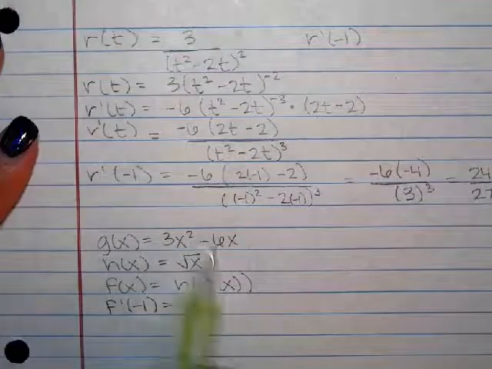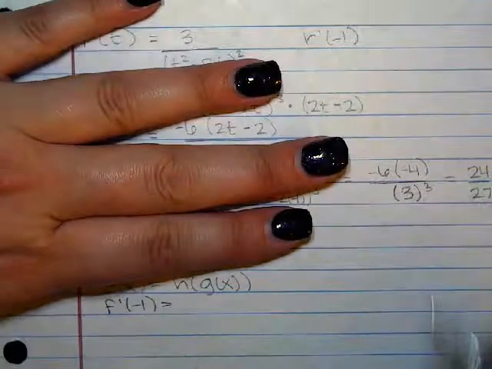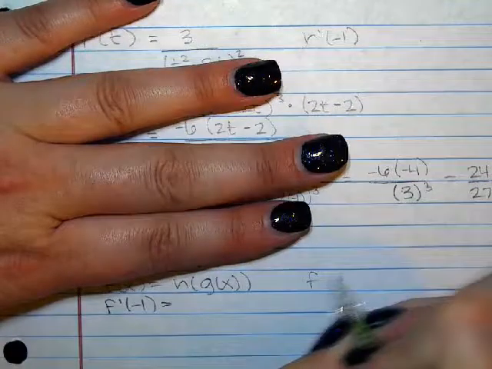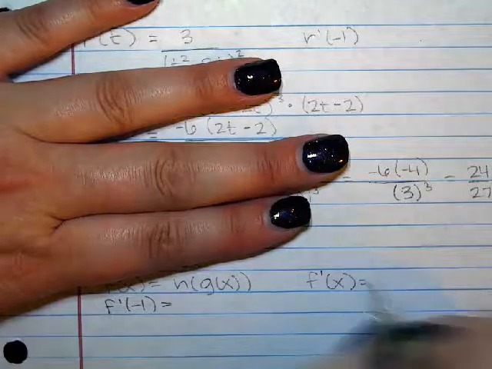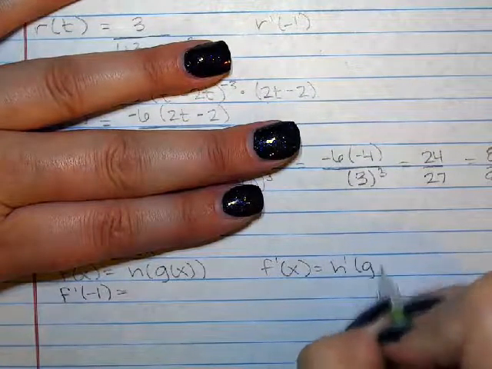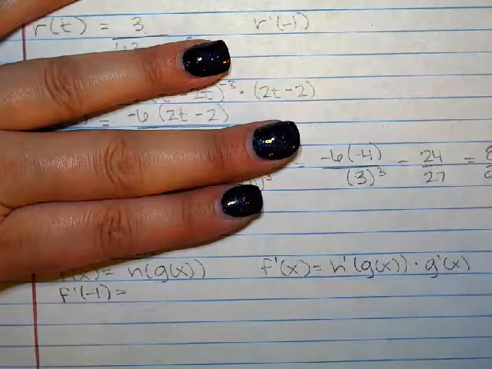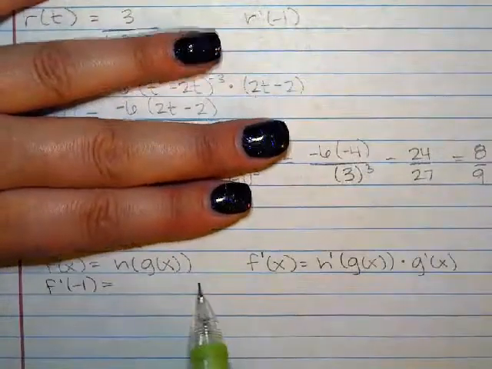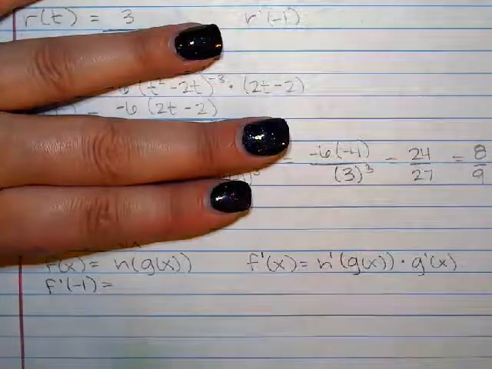H prime, keep the inside the same, times g prime of x. So we took the derivative of our function. Now if I want f prime of negative 1, I just need to say h prime of g of negative 1 times g prime of negative 1.